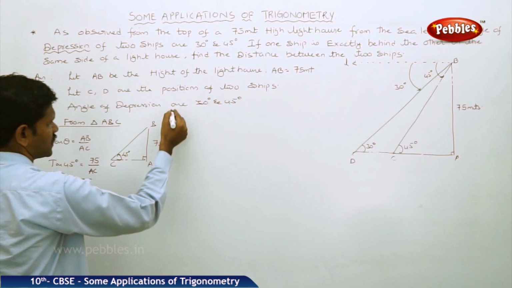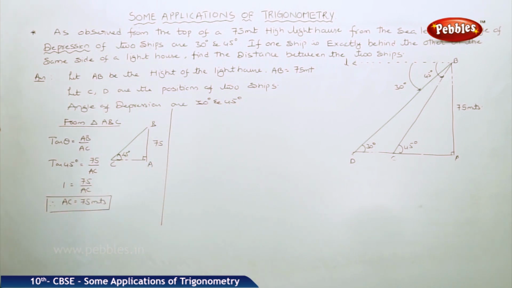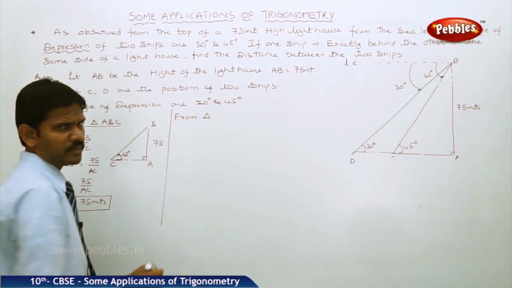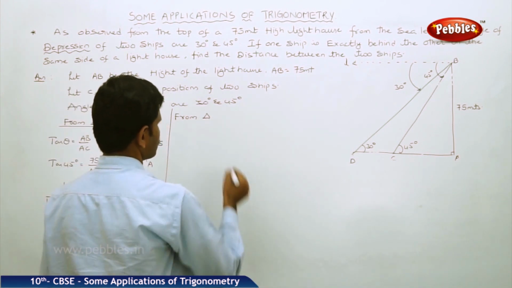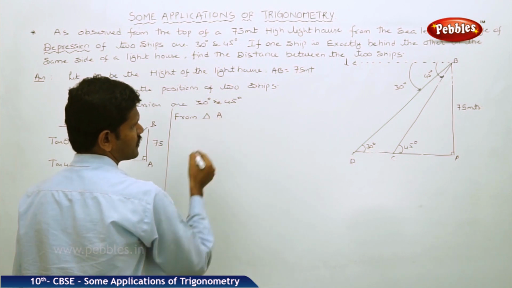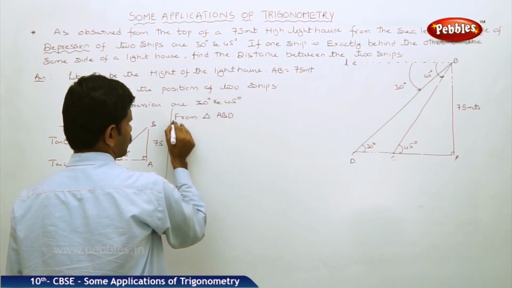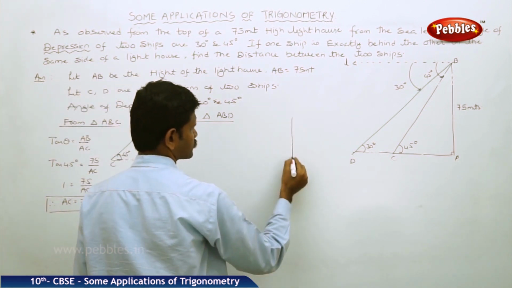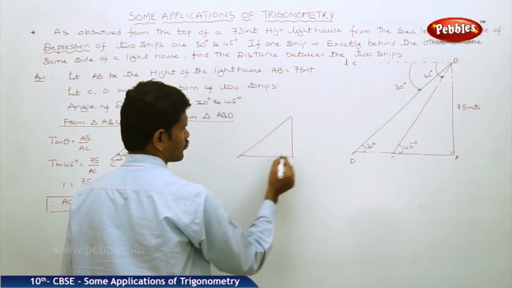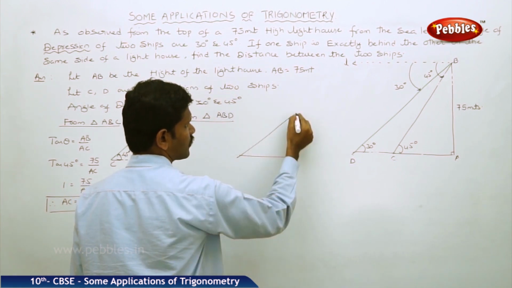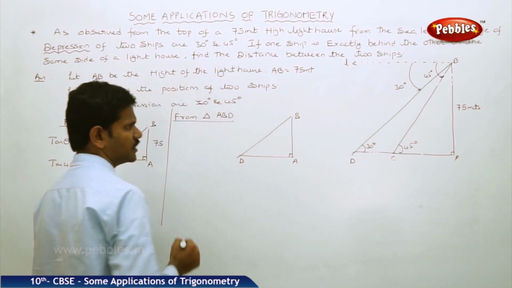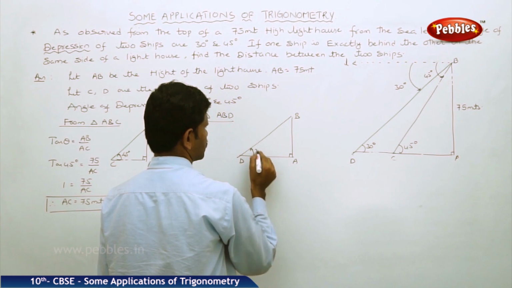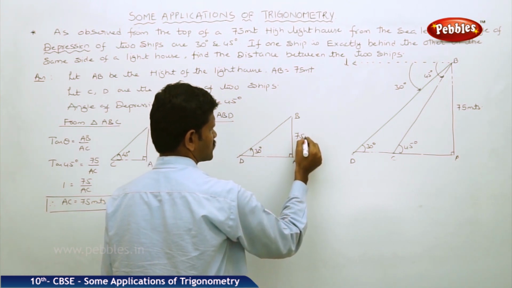Now let us see the second one, from the second diagram. From triangle ABD, which is making an angle of 30 degrees, and AB height is 75 meters.